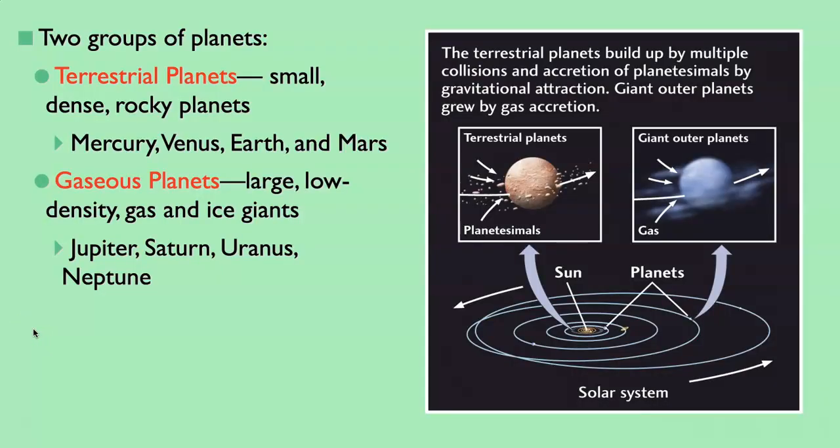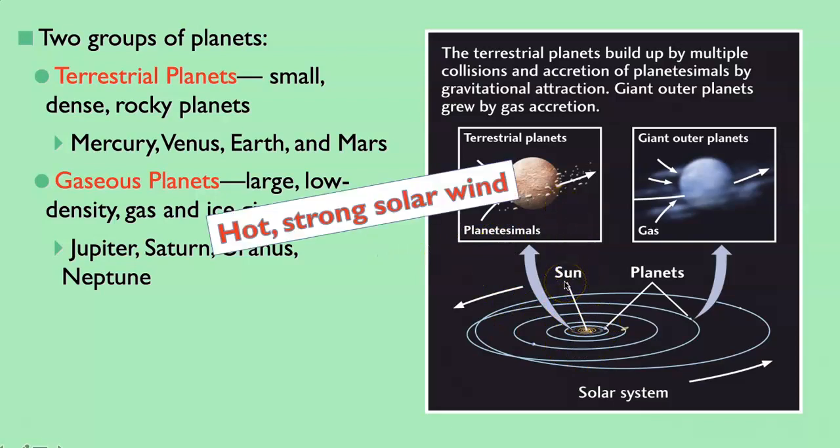The terrestrial planets, again, are the small, dense, and rocky inner planets, Mercury, Venus, Earth, and Mars. And the gaseous planets are the outer ones, Jupiter, Saturn, Uranus, and Neptune. They're large, low density, and made of gas and ice. Early on in the formation of the solar system, the inner planets near the Sun experienced very hot conditions with a strong solar wind, and that blew away any of the gases that might have been accumulated.